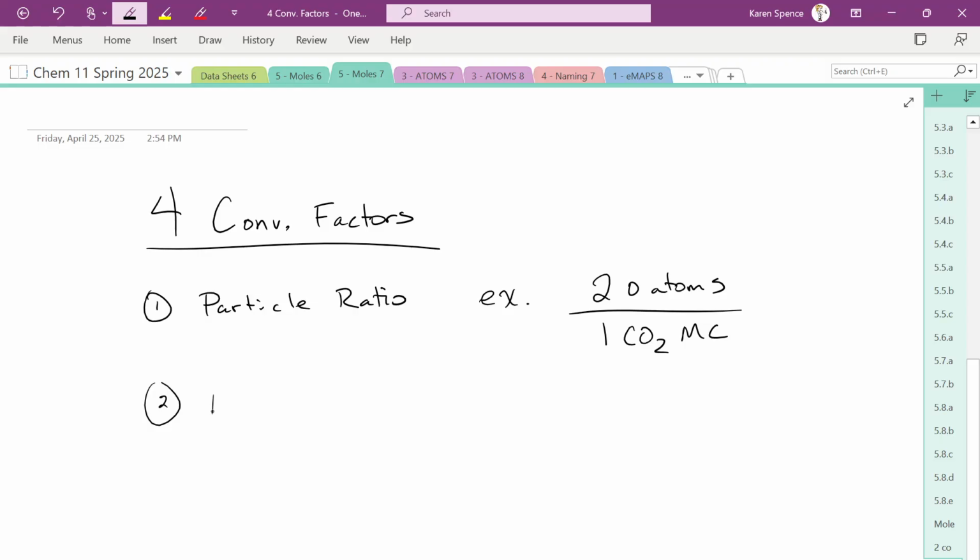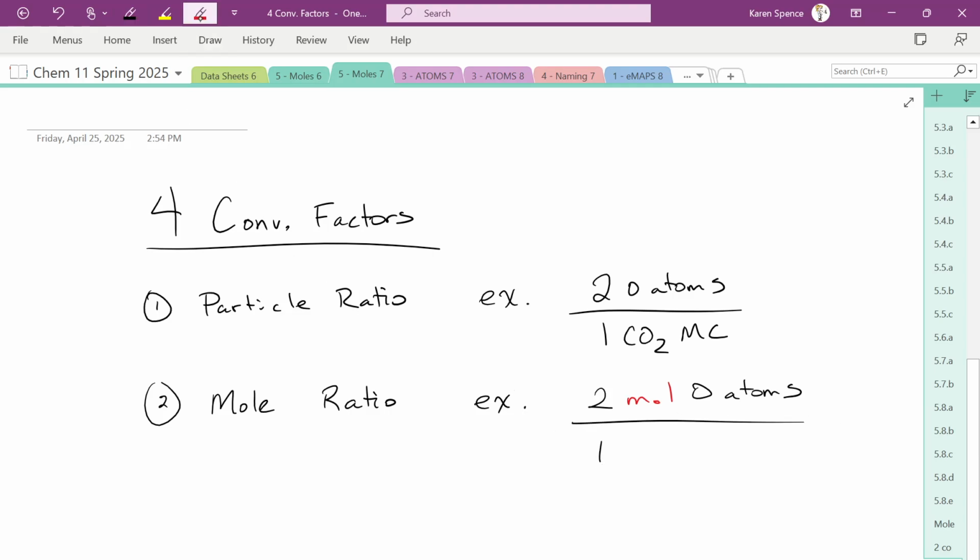Second thing we have is the mole ratio. And that would be like 2 moles of O atoms for every 1 mole of CO2 molecules.